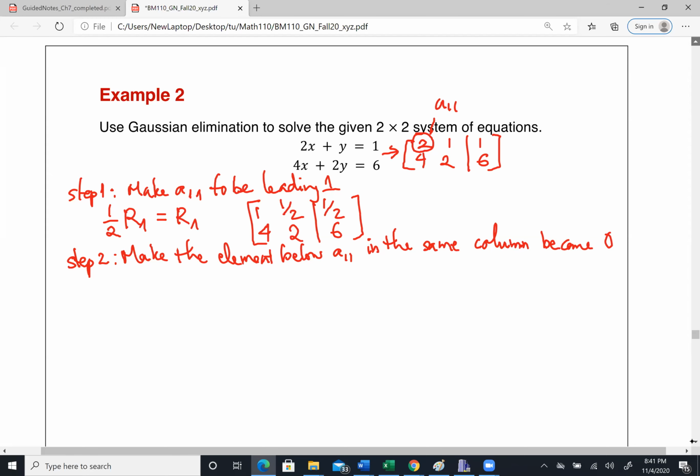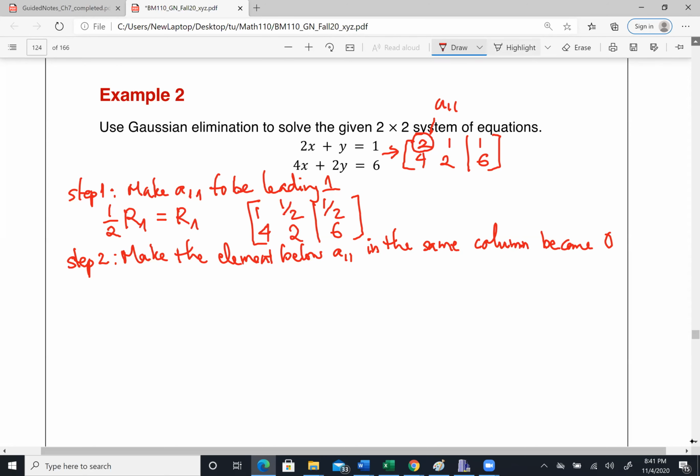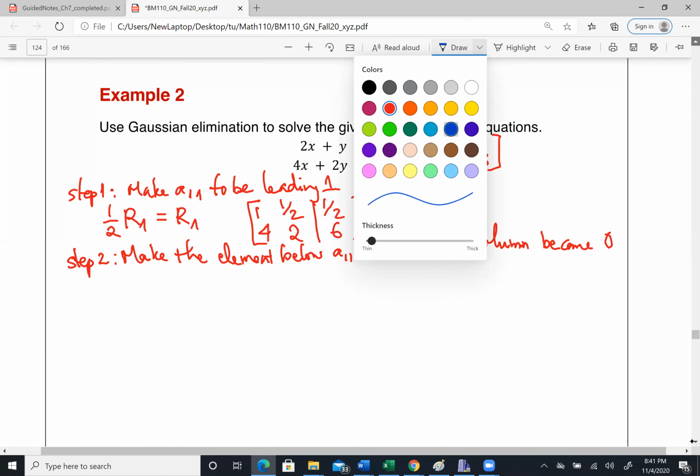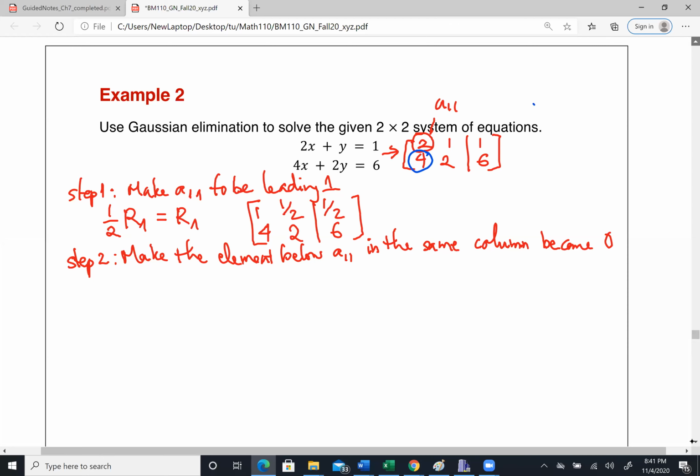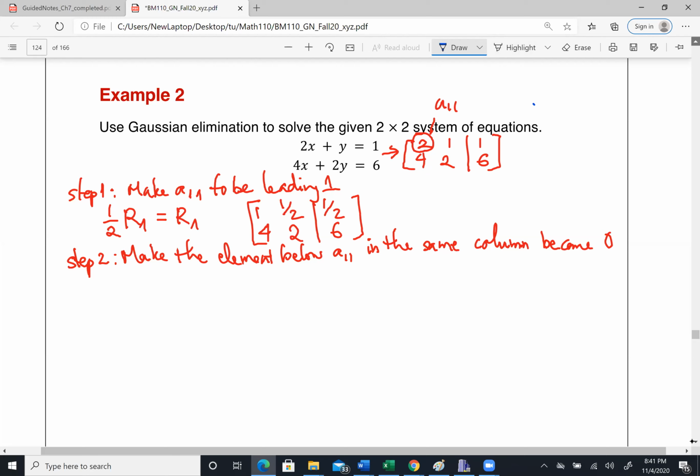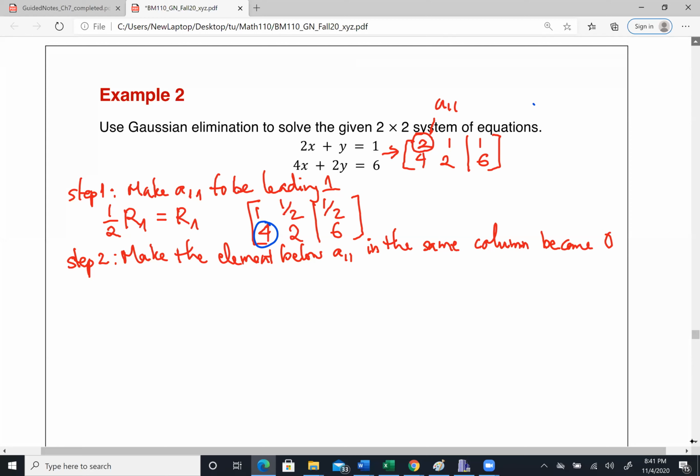So what does that mean? I want to make the number 4 here become 0. Actually, sorry, number 4 here, because we have the new matrix already. So how can I do that? I want to change row 2 by adding k multiplied with row 1, and that will make a new row 2.